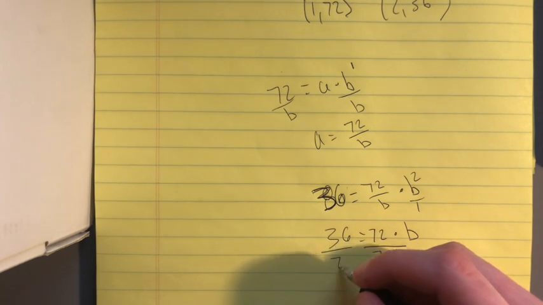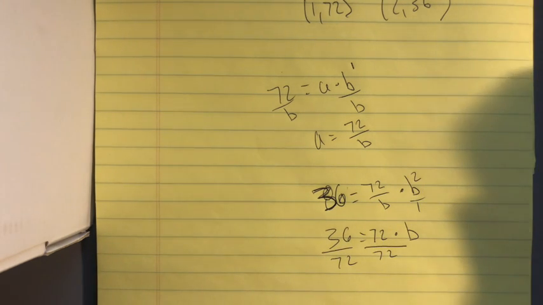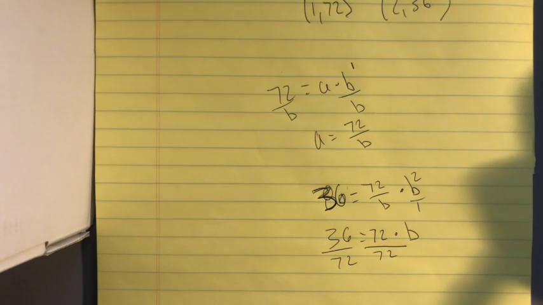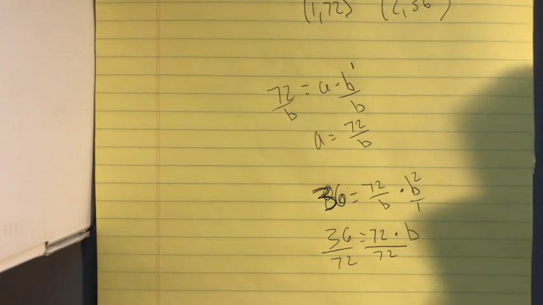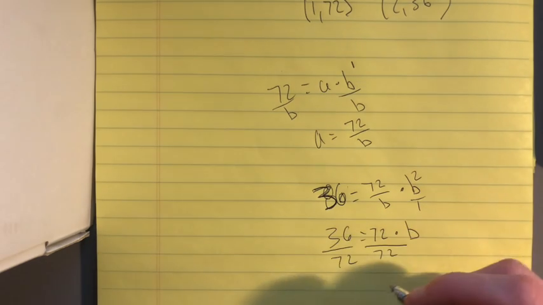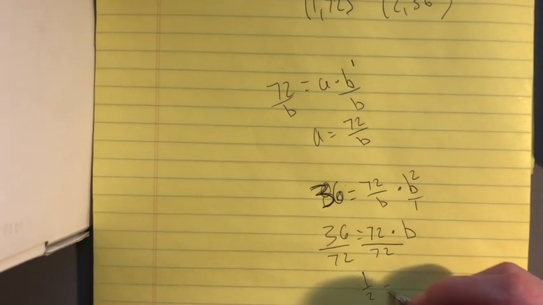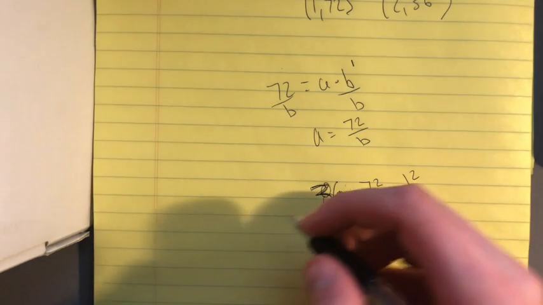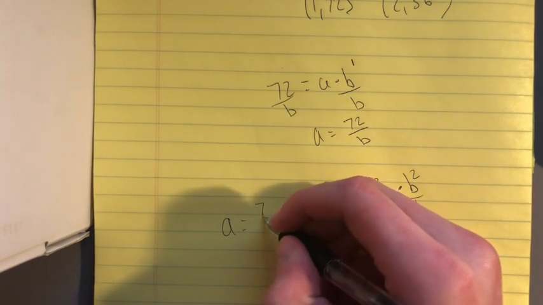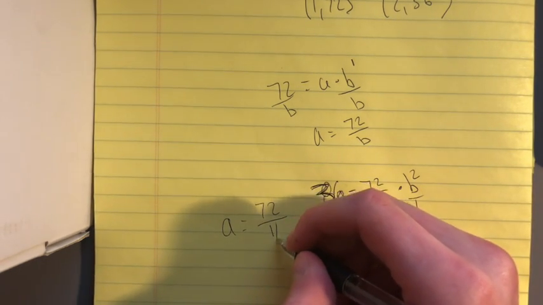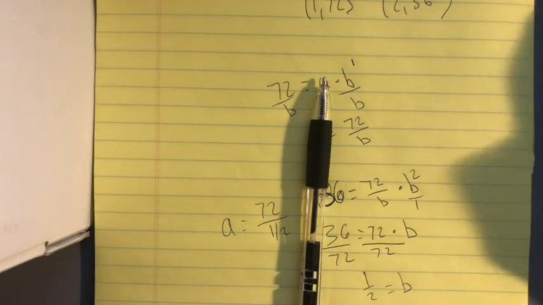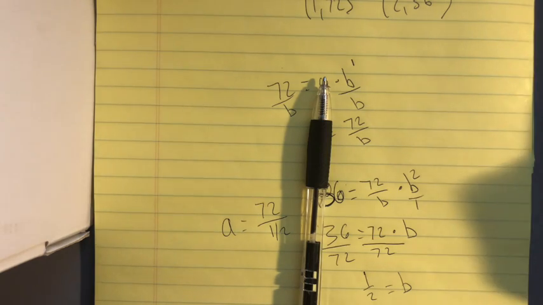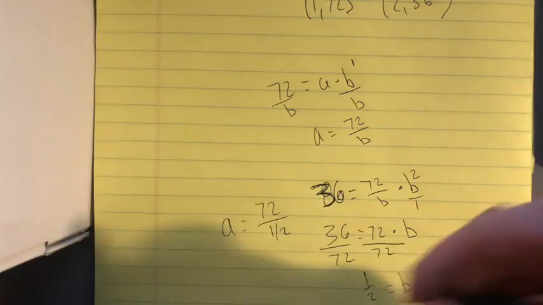And then we have to divide by 72, and 36 divided by 72 is 1/2, my bad. 1/2 equals b. So then we plug that in, so a equals 72 divided by 1/2, and 72 divided by 1/2 equals 144.